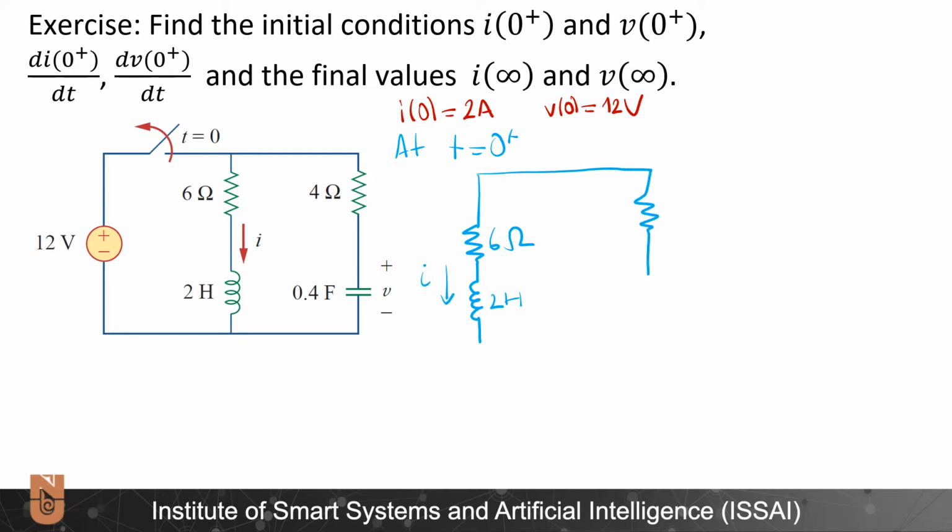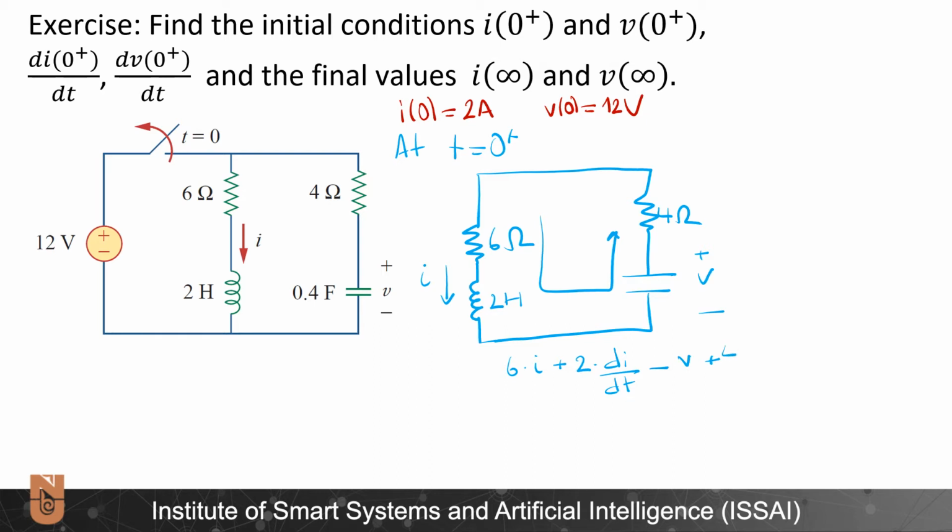Here I have 4 ohms and my capacitor, plus minus V. And I can use this current I to write my KVL, and accordingly I will have 6I plus 2 di over dt plus minus V plus 4I is equal to 0.